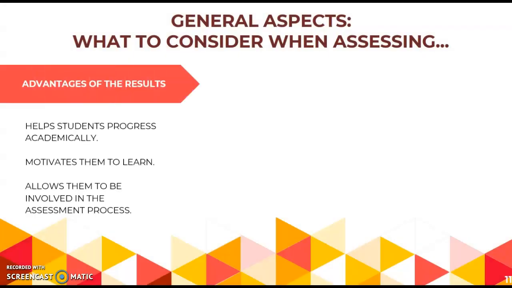All right. So some advantages of these results that we can get from students is that they will help students progress academically. It can motivate them to learn, and it allows them to be more involved in their assessment process.